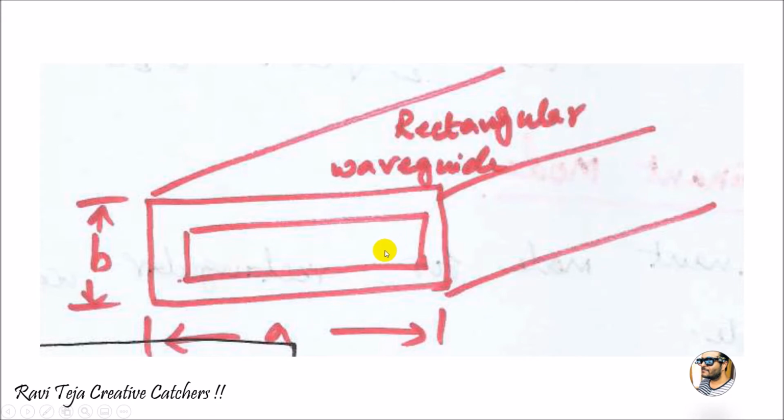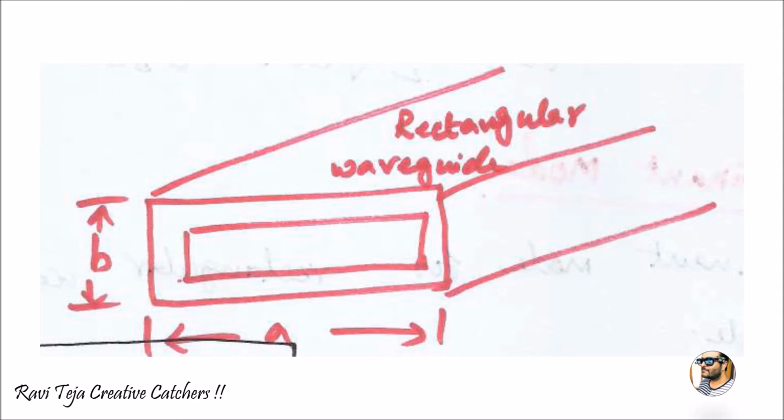The electric field tries to move towards the conductors, or the walls of the waveguide, as the walls are conductors. If you see a graphical representation of an electric field moving towards the walls of a rectangular waveguide, it looks as if the electric field is perpendicular to the walls.